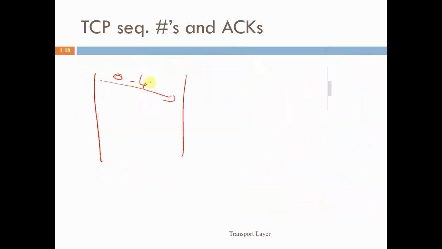What would happen if you have, for example, 0 to 499. So we have 0 to 499 here. And then you have 500 to 549. And then you have 550 to, let's say, 699.